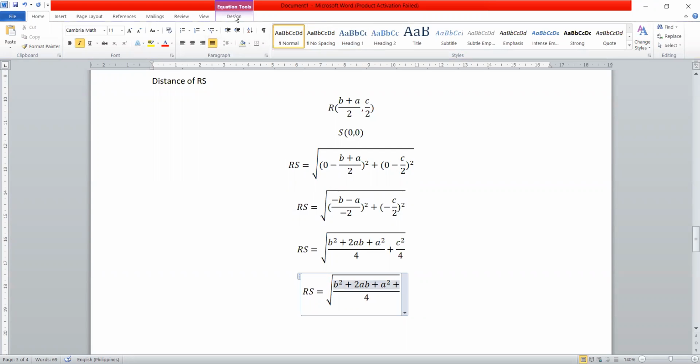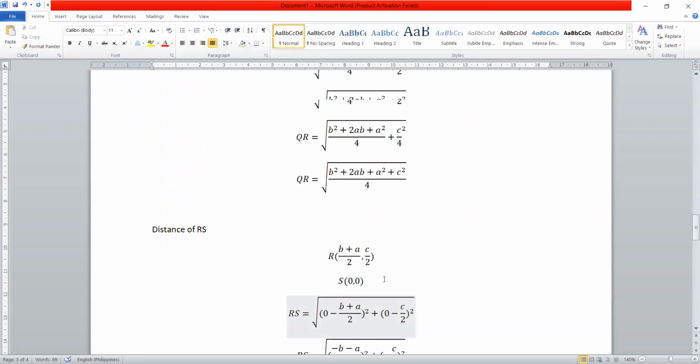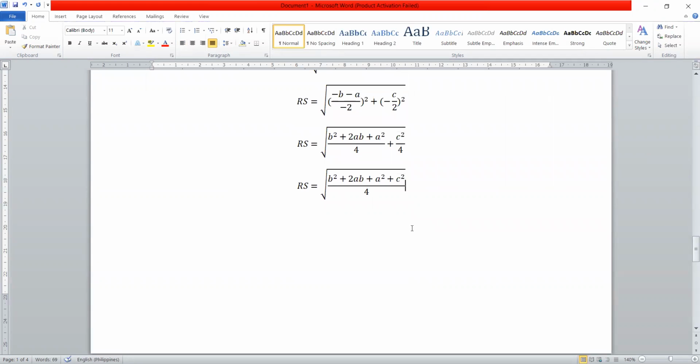So I'll just write here plus c squared. So lastly, we have to look for the distance of PS. So we have here PS.